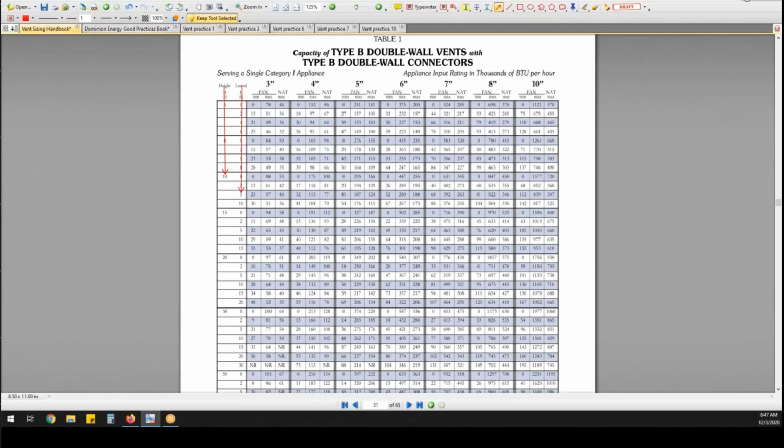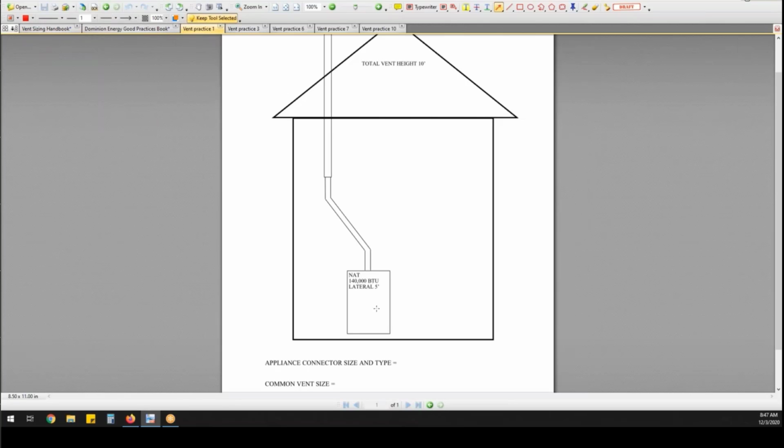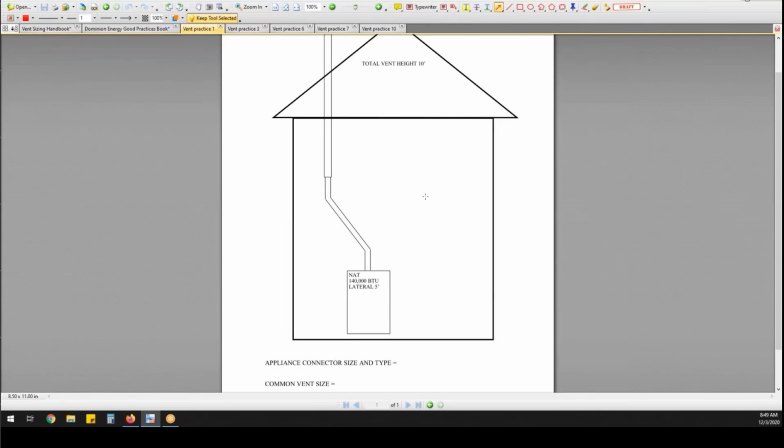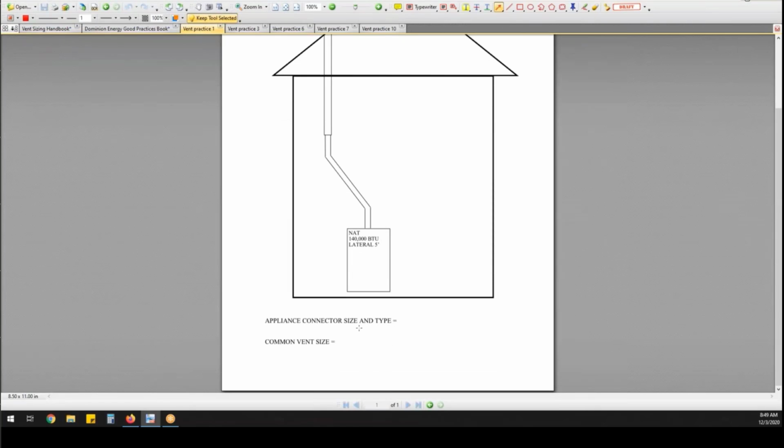Now I've got to go back. And again, we're going to look at our thing here. I have a natural draft appliance, and it's 140,000 BTUs. Because I have 2 choices here to pick from, fan or NAT. So we have one natural draft appliance, it's 140,000 BTUs, and they're asking us the appliance connector size and type.